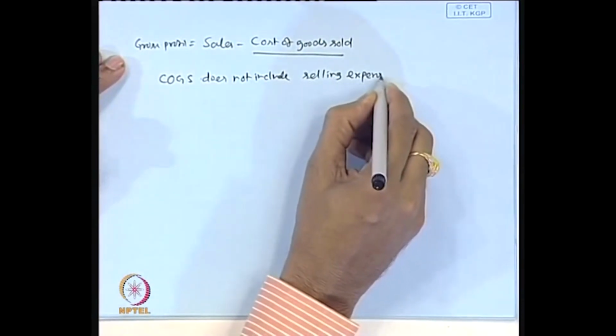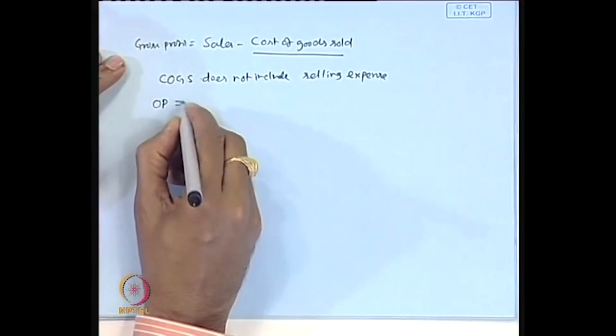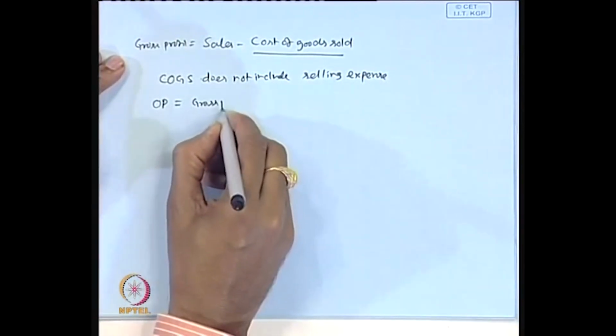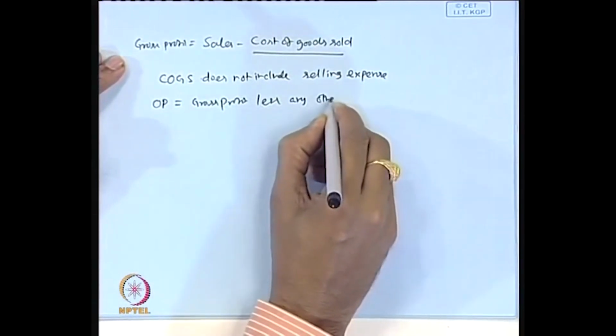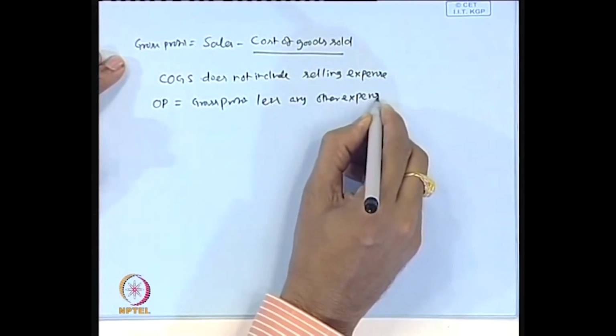So, in that case the operating profit will take the gross profit less any other expense excluding interest.